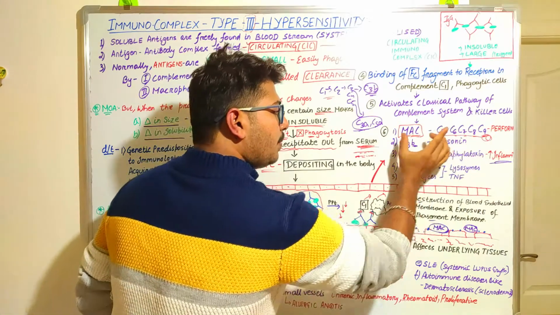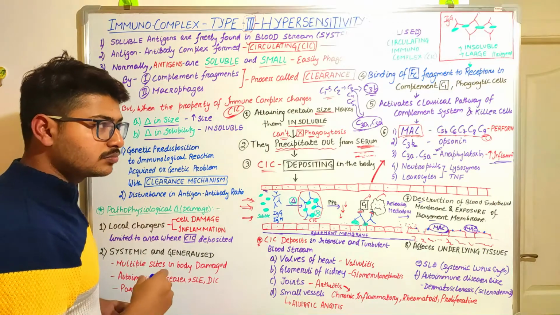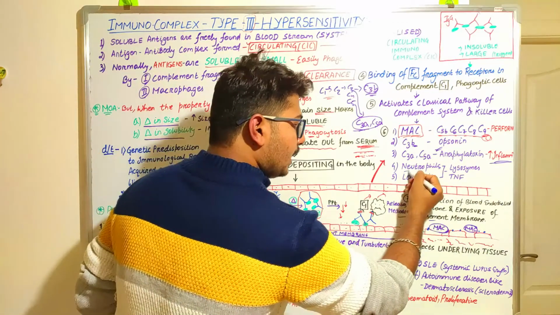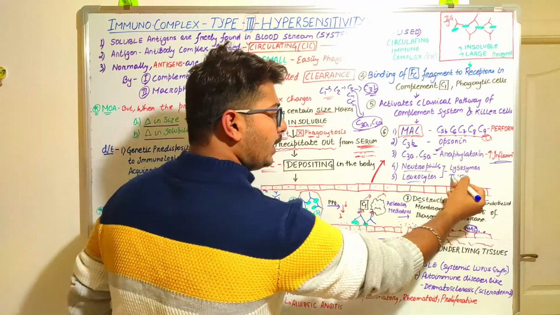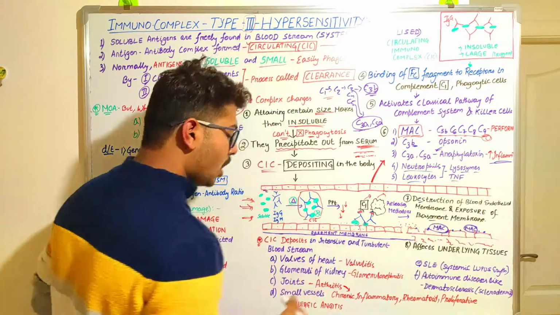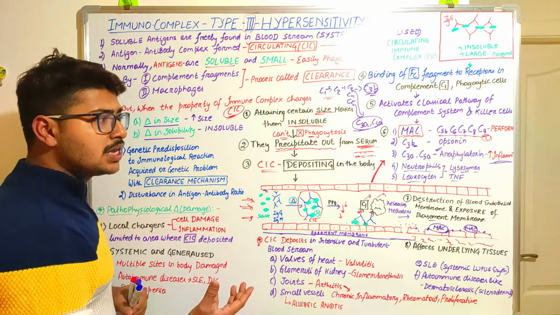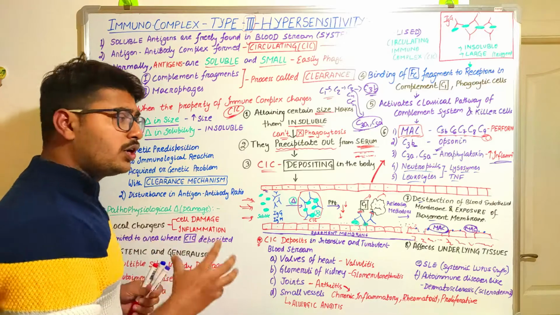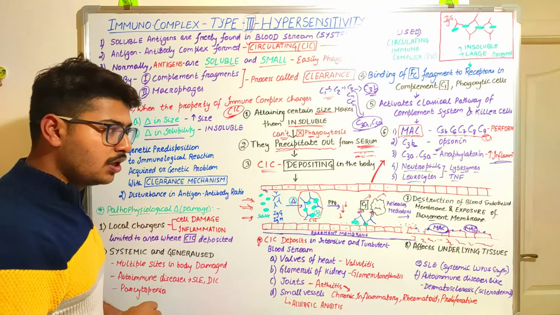This complement will be attaching over the surface of the membrane. Other cells like neutrophils and leukocytes or other phagocytic cells are going to produce lysosomal or intracellular products like tissue necrotizing factors. Ultimately, they are going to destroy this antigen antibody complex.